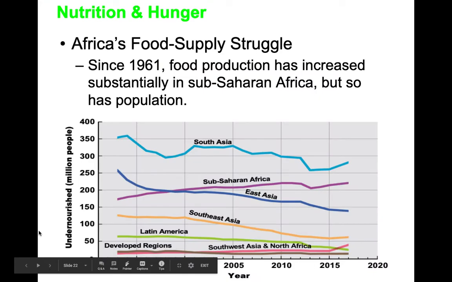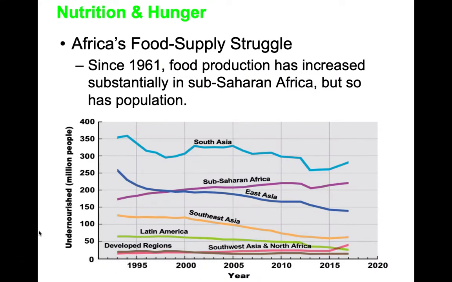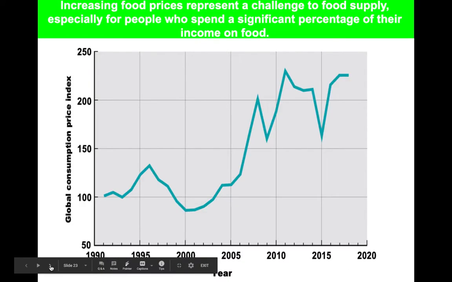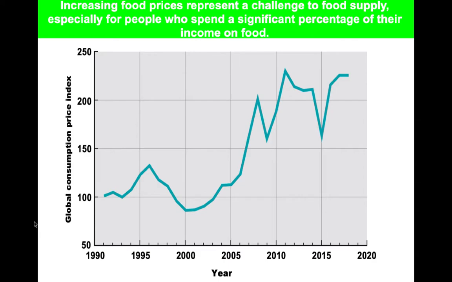All right, and again, here's a line chart that shows the food production has increased substantially, but hasn't kept up with the population in sub-Saharan Africa. All right, and this shows the increase of global food prices. When we look at the food prices too, the prices are brought down, as I already mentioned, by fierce competition of supermarkets in developed regions.